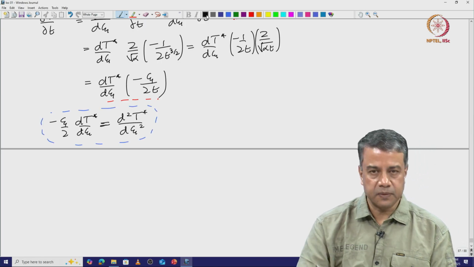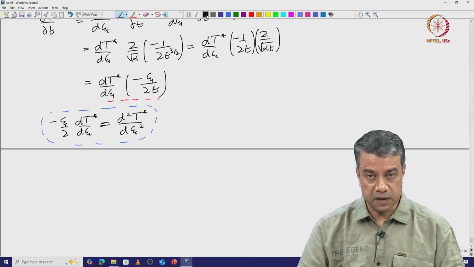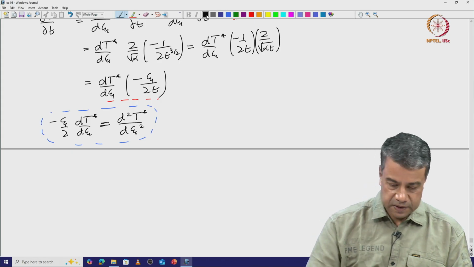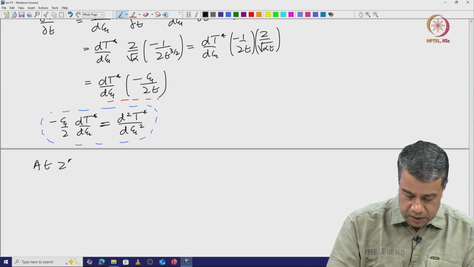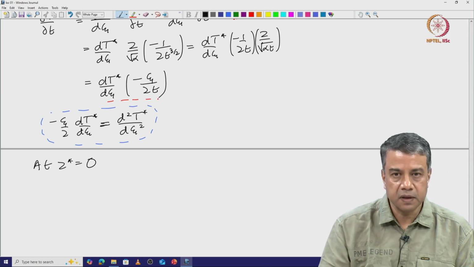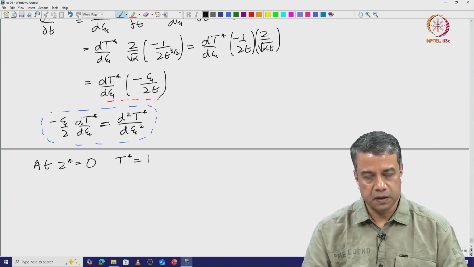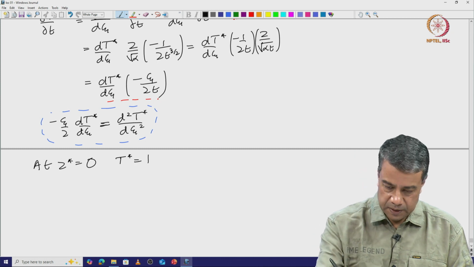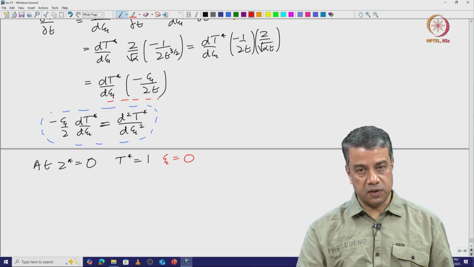So, I have transformed the equation for the scaled temperature. I also need to transform the boundary conditions. What were the boundary conditions? At the surface, at z star is equal to 0, I had T star is equal to 1. Z star is equal to 0 corresponds to psi is equal to 0, because psi is equal to z by root alpha t.